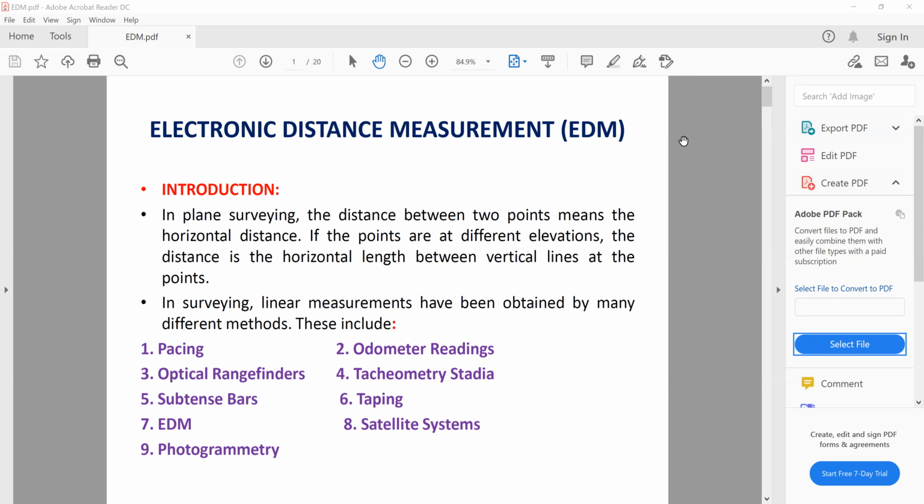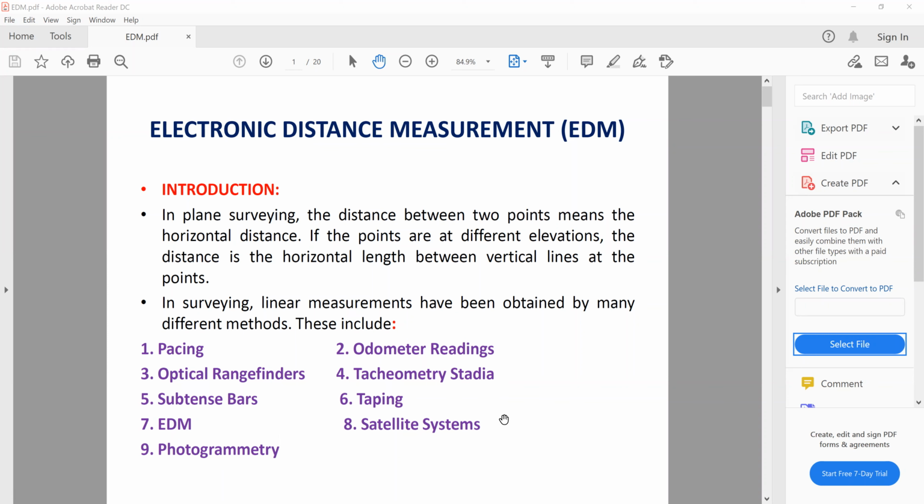distance measurement. So we have a few other methods as well that we haven't done so far, or some methods that have become extinct. But some of these methods we will cover, for example, photogrammetry. So finding out distances by taking photographs, and then EDMs that we are doing in this lecture.